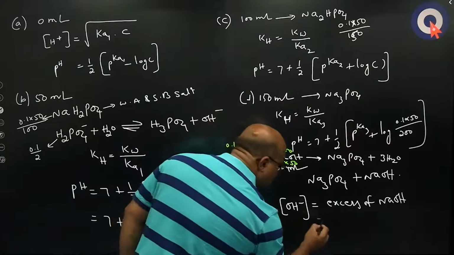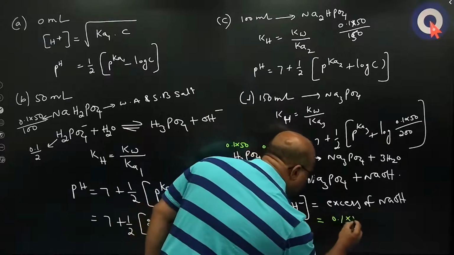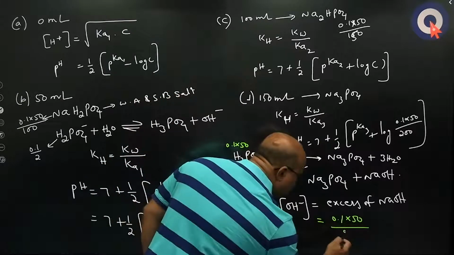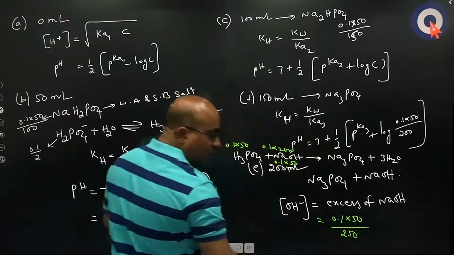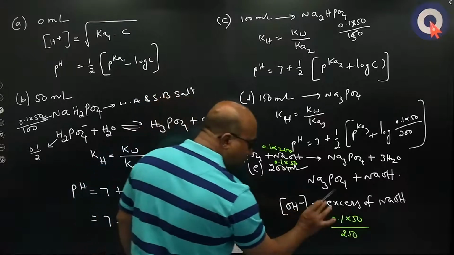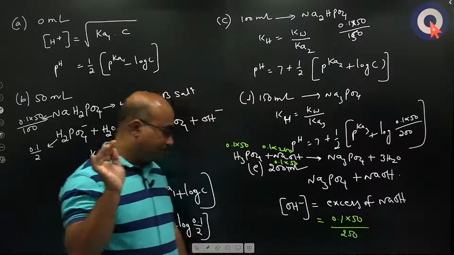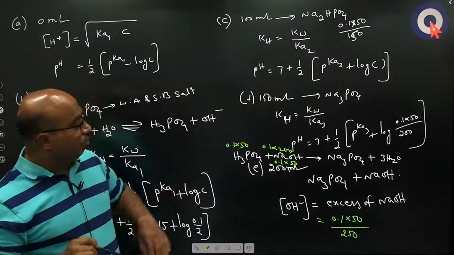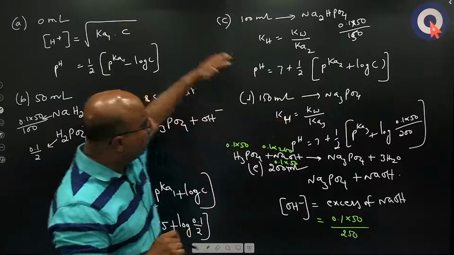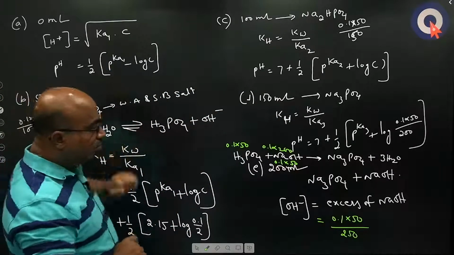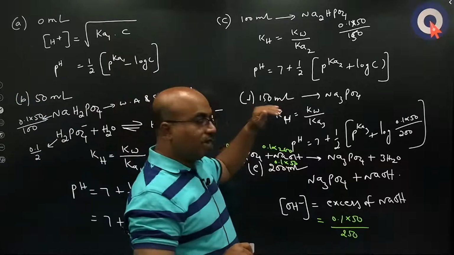So this is nothing but 0.1 into 50 by total volume. That is 200 plus this, that is 250. Because NaOH is in excess, it's the overall OH minus ion concentration. I think clear? So in this way, we can determine the concentrations and pH values at a different addition of NaOH.